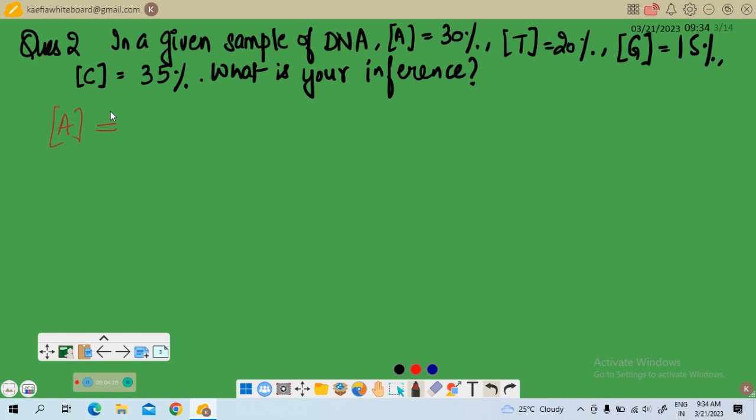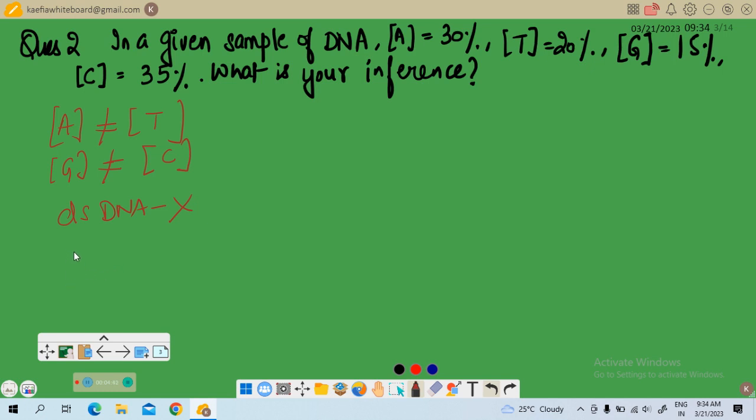Adenine is not equal to thymine, and similarly guanine is not equal to cytosine. If I talk about DNA, A should be equal to T, but they are not equal. So that means it is not a double-stranded DNA.